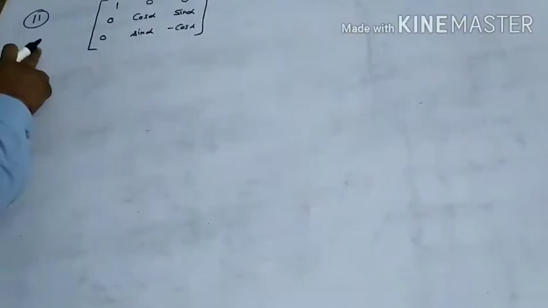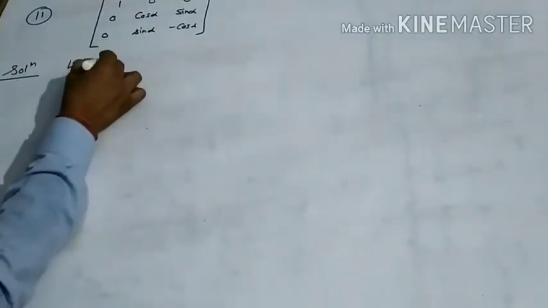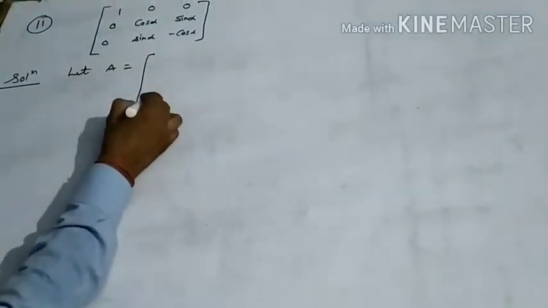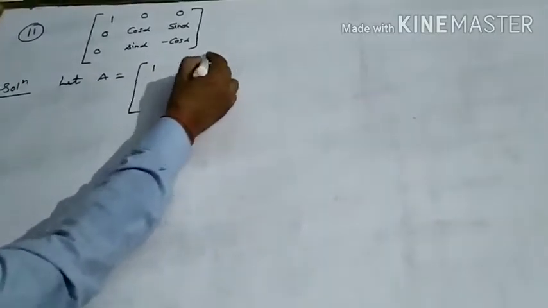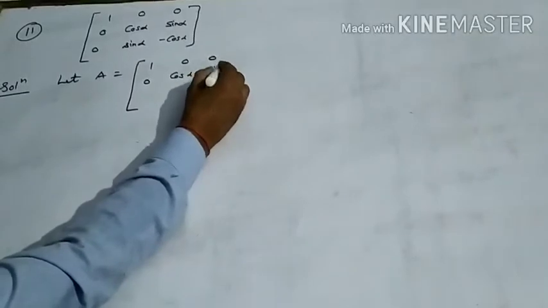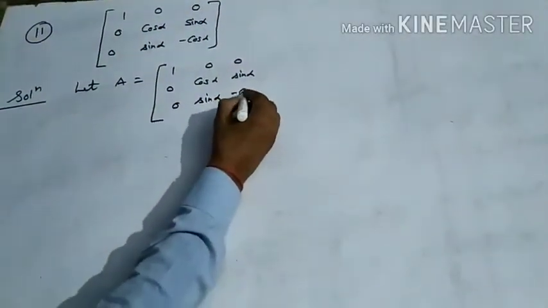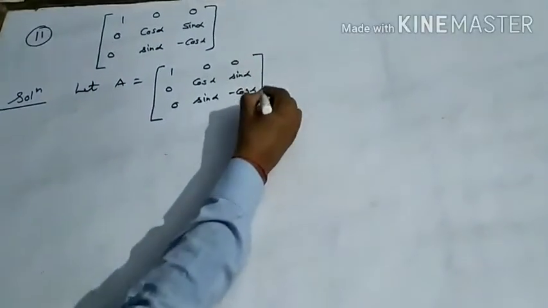Here you have to see, this is problem number 11. We want to find out the inverse of this matrix. So for the solution you have to see. Let A be equal to this matrix, means 1 0 0, 0, and then this is the cos alpha, and here this is the sin alpha, and 0, this is the sin alpha minus cos alpha.